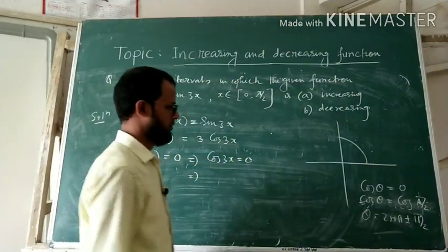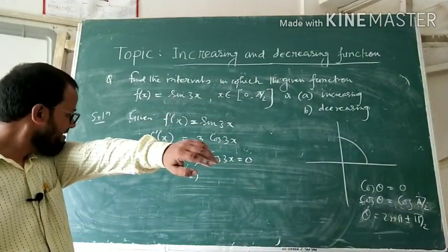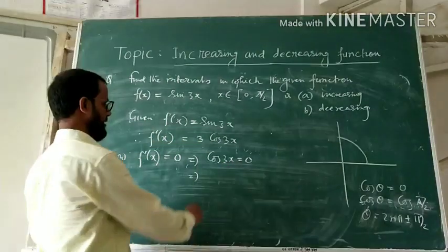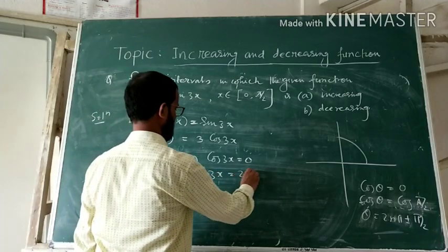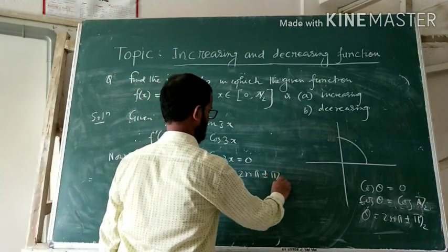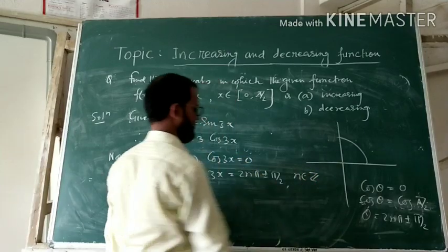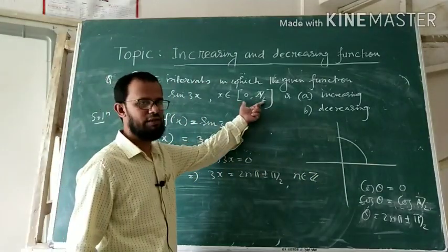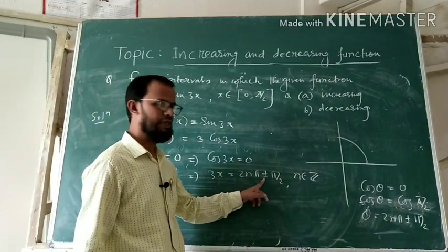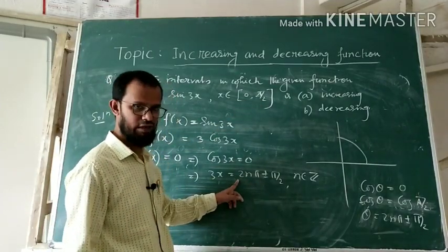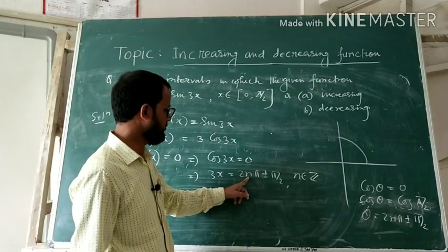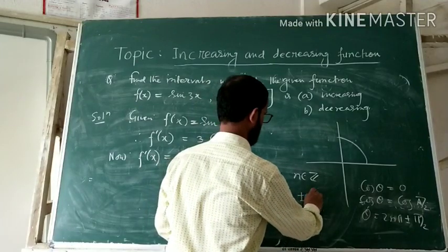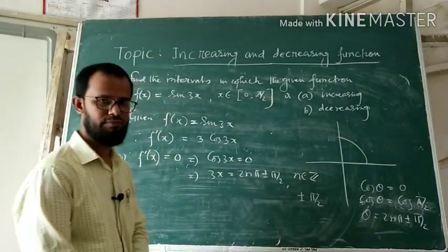So you can write 3x equal to twice n pi plus or minus pi by 2, where n belongs to Z. Now your values will be within this interval, so you cannot take negative values. You can take only positive values. Suppose n is equal to 0, then it will be plus or minus pi by 2.